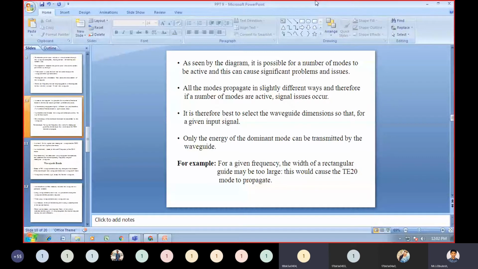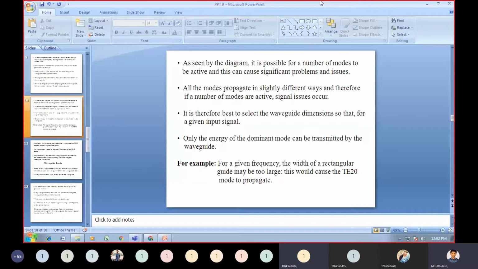If all the modes propagate in slightly different ways, and a number of modes are active, signal issues will occur.